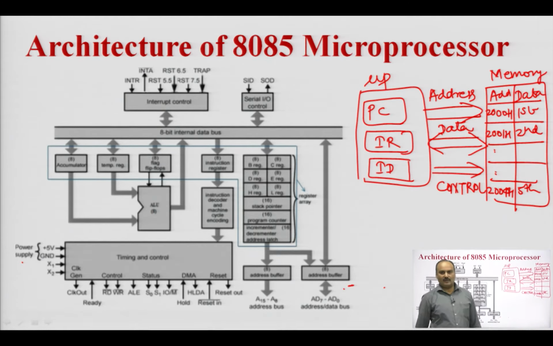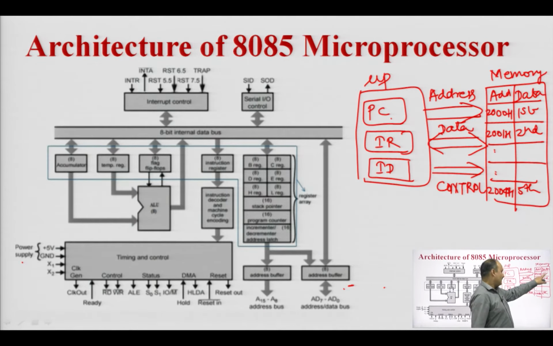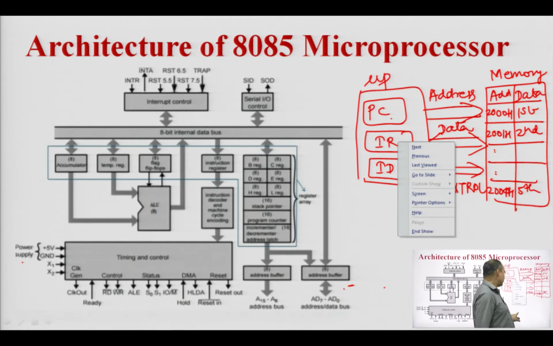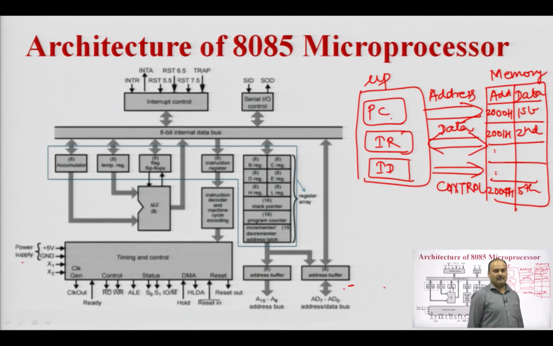So, if you want to execute the instruction, the microprocessor fetches the operation code of the instruction from the memory location. With the help of program counter, it will identify the address of the memory location where the first instruction is present. With the help of data bus, it will fetch the operation code from the memory and pass this operation code to the instruction register. Instruction register will temporarily hold this operation code and pass it to the instruction decoder for decoding.